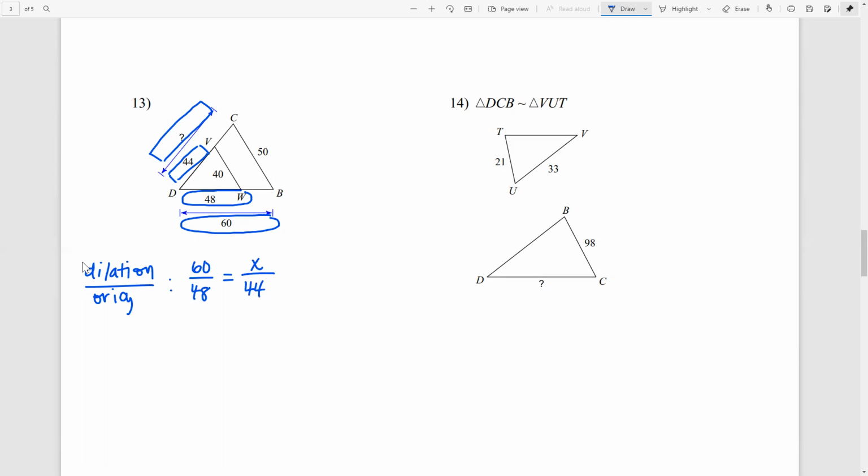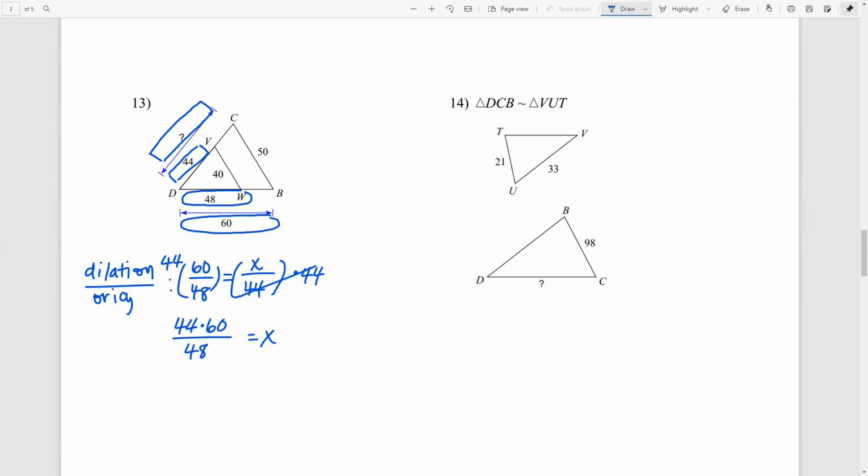We want to solve for x, so I need to isolate x. It's currently being divided by a 44, so I need to undo the division by multiplying by 44. This now leaves me with a 44 times 60 all over 48 equaling my unknown side.